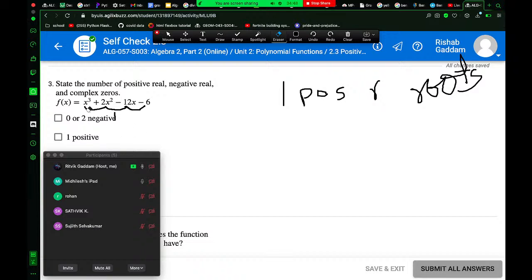So Sujit, how many sign changes are there? Is positive to a positive a sign change? This is a positive number, right? It's not a sign change. Yeah, I'm asking Sujit.